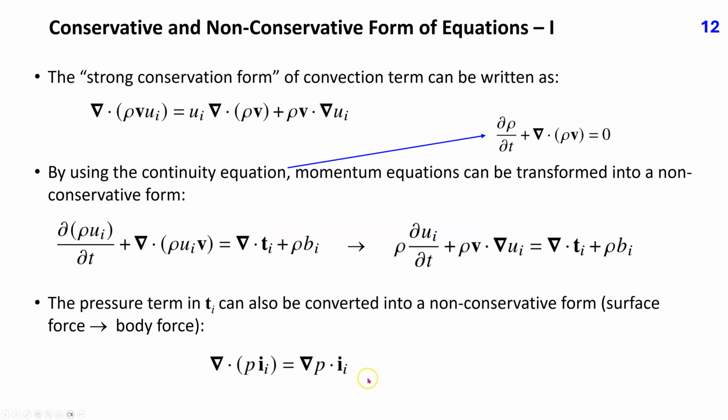From the mathematical point of view, both conservative and non-conservative form of the momentum equation are fully equivalent. No approximation is introduced by the above transformations. However, the conservativeness property of the numerical solution method may be impaired by using the non-conservative form, especially on coarse grids.